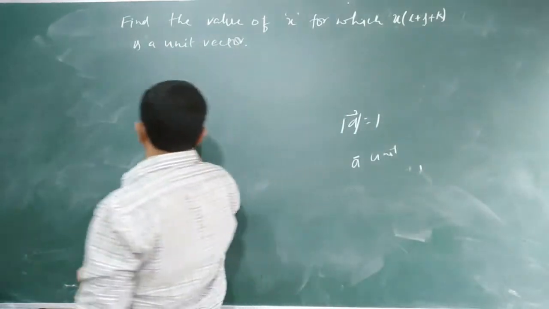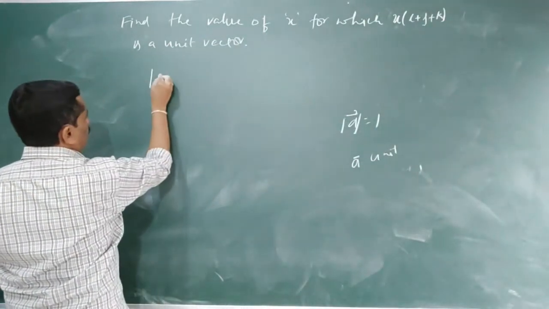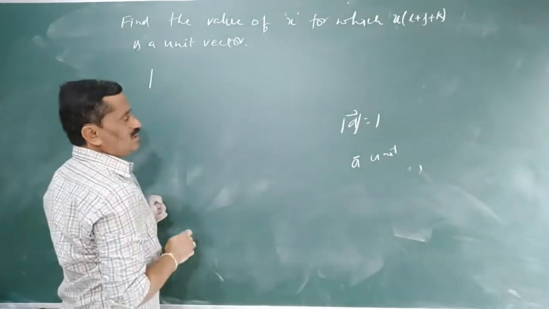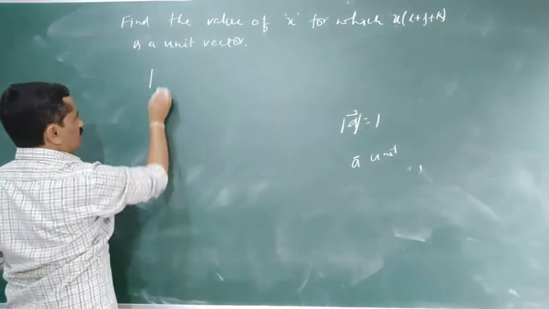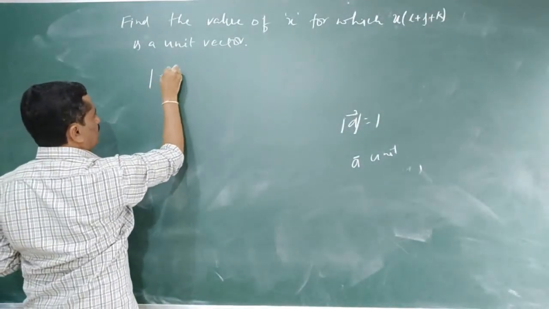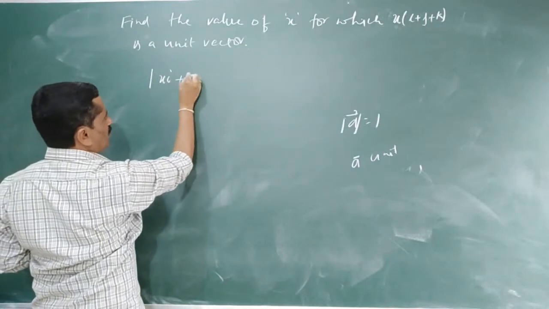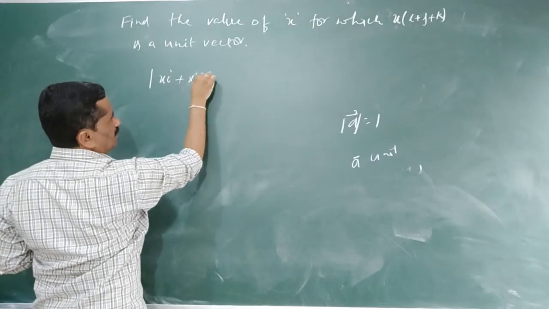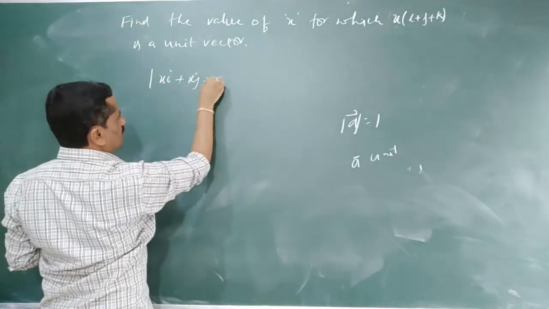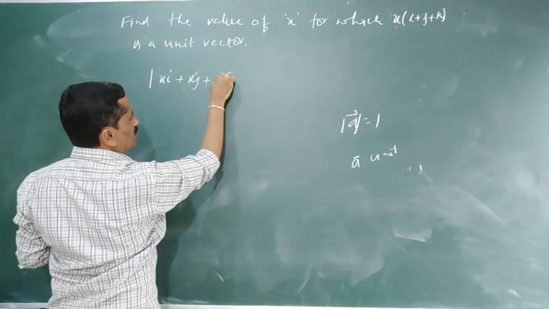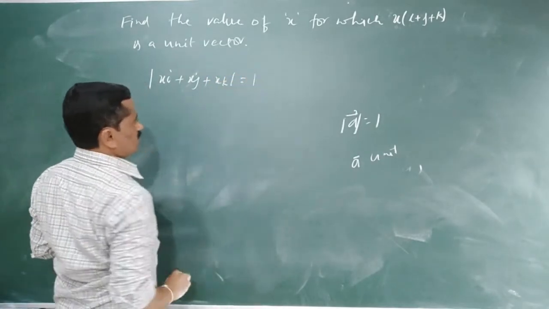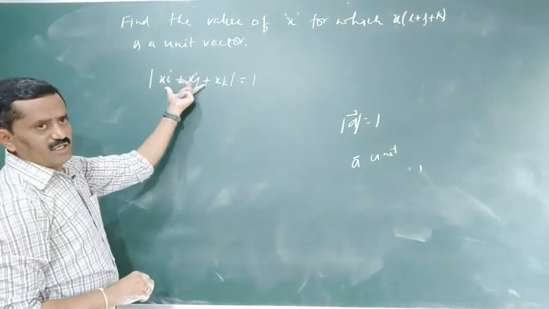Therefore the magnitude of, just multiply x into each component, that is x into 1 we have xi plus x into 1 we have xj again plus x into k, is equal to 1, because as given this vector is a unit vector.